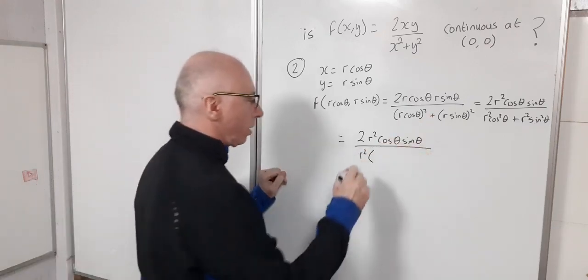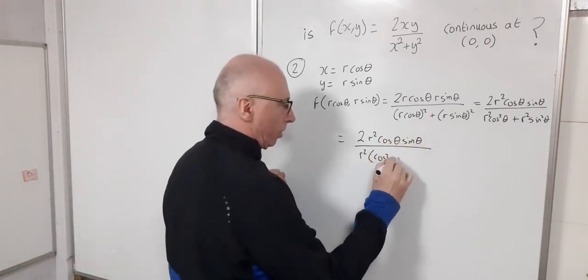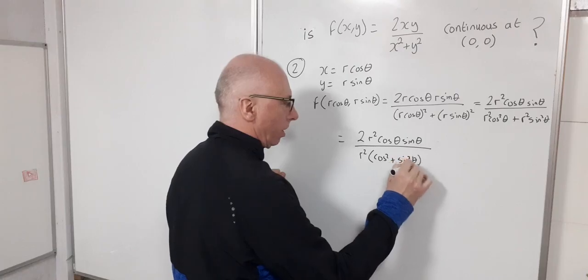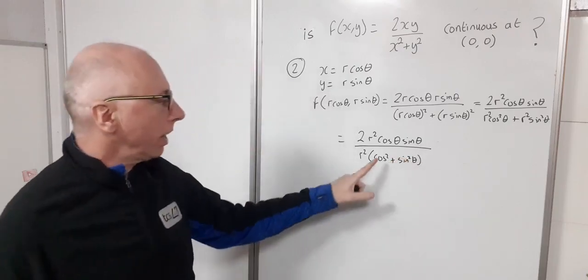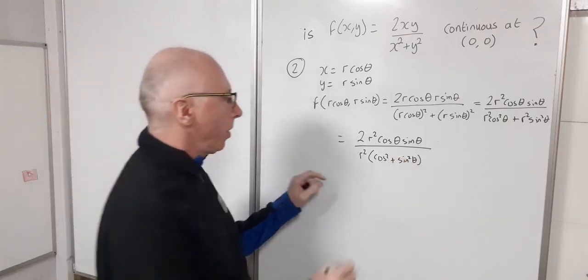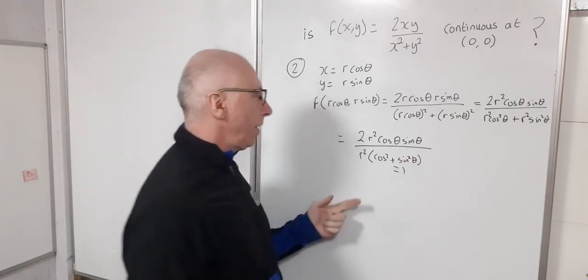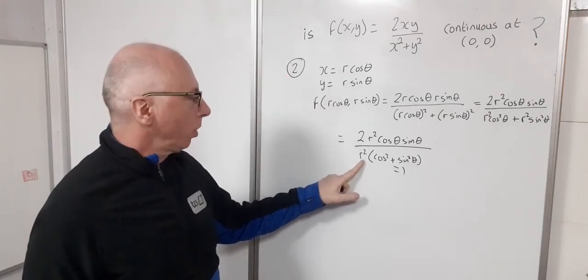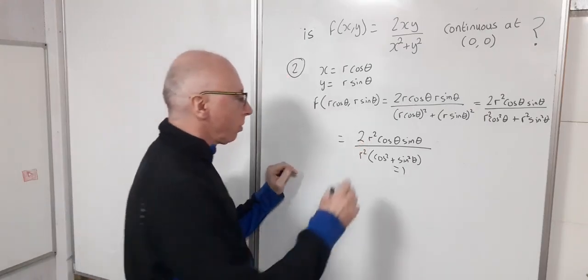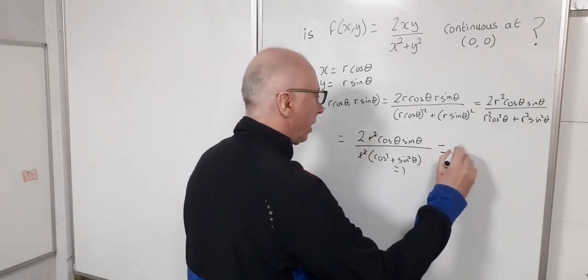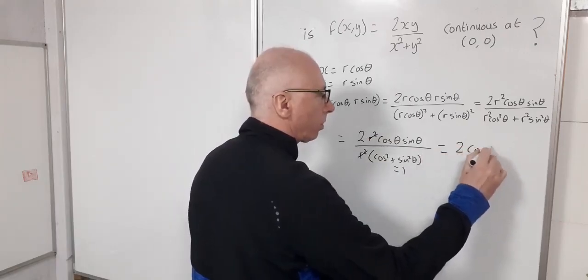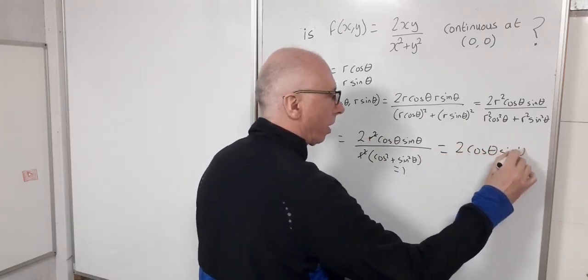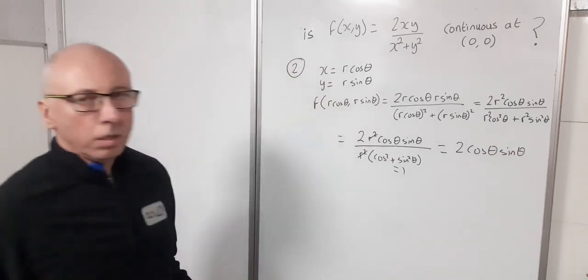Then I'm left with cosine squared plus sine squared theta, which immediately takes my eye as this is just going to become 1. So therefore, I've then got r squared on my denominator, which will also cancel out with this r squared in the numerator. So then all in all, I'm now just left with 2 cosine theta sine theta.